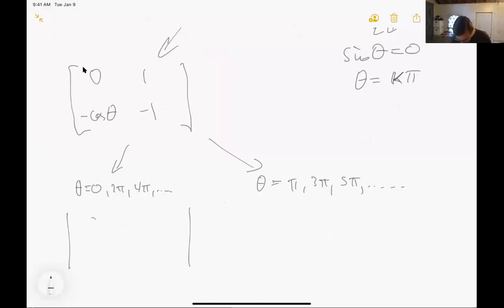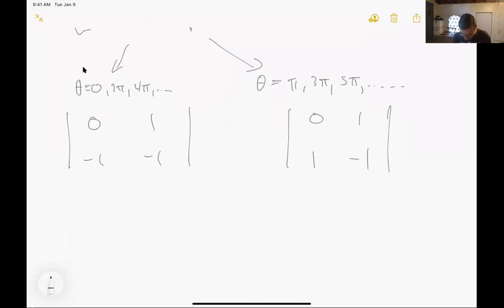So we get 0, 1, minus 1, and minus 1. When theta is an odd multiple of pi, cosine theta is negative. So we get 0, 1, negative, negative 1 is positive 1, and negative 1. Good. All right, let's keep going.